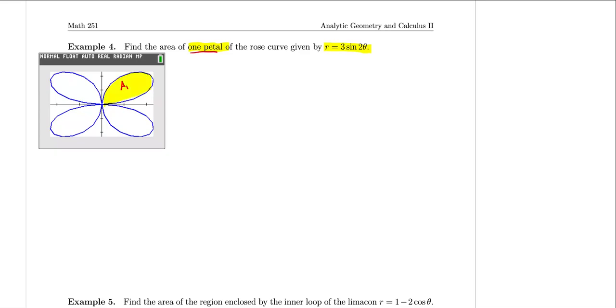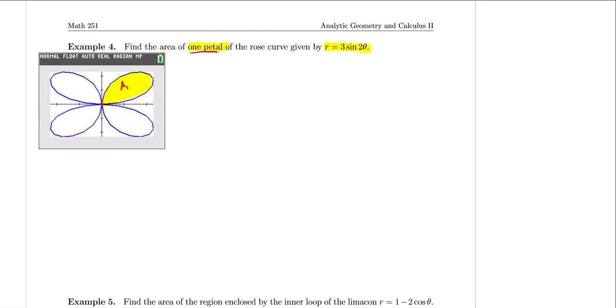Well, if we want to figure out the area, we need to know the area from what bound to what bound? Well, for this one, it seems like we need to figure out what will be our point of intersection right over here. Now you get to see here that it seems like one of the petals is intersecting at the pole.